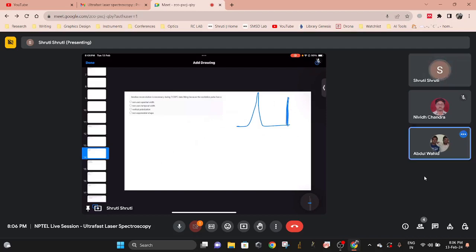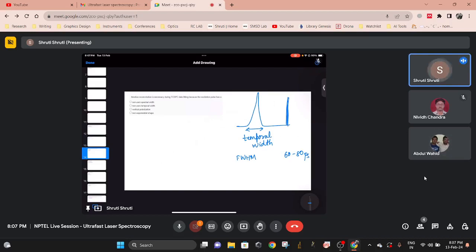It has some temporal width. Even the FWHM, not in the wavelength scale, in the temporal scale, will be 60 to 80 picoseconds.